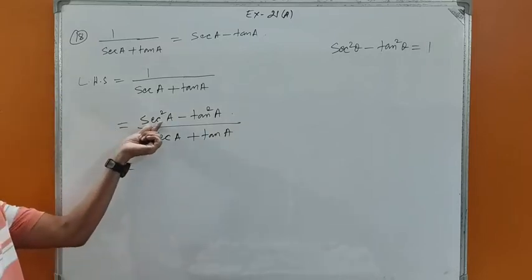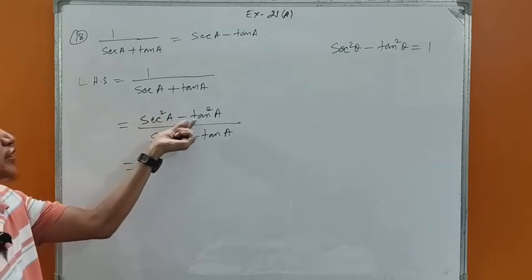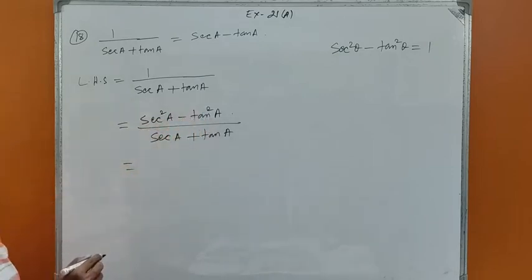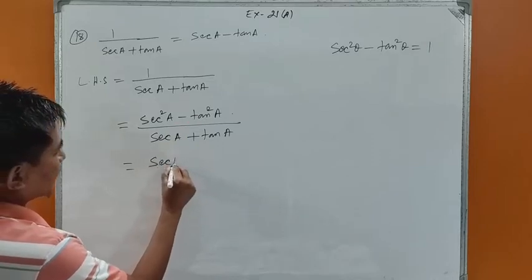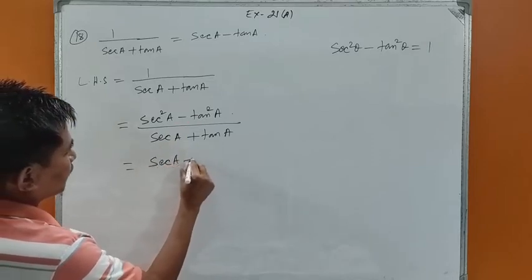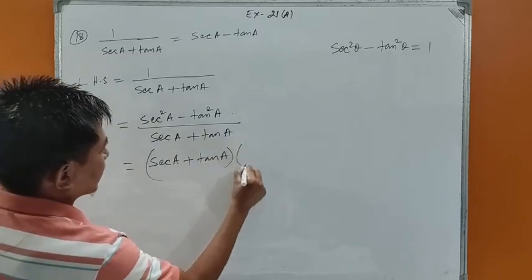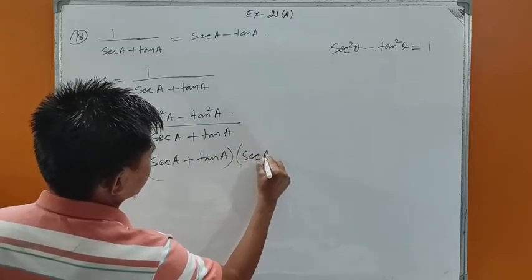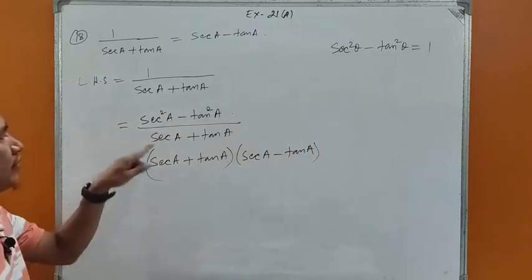So let us assume this sec A as A and tan A as B. Okay, so A square minus B square is A plus B into A minus B, isn't it? Are you getting me?